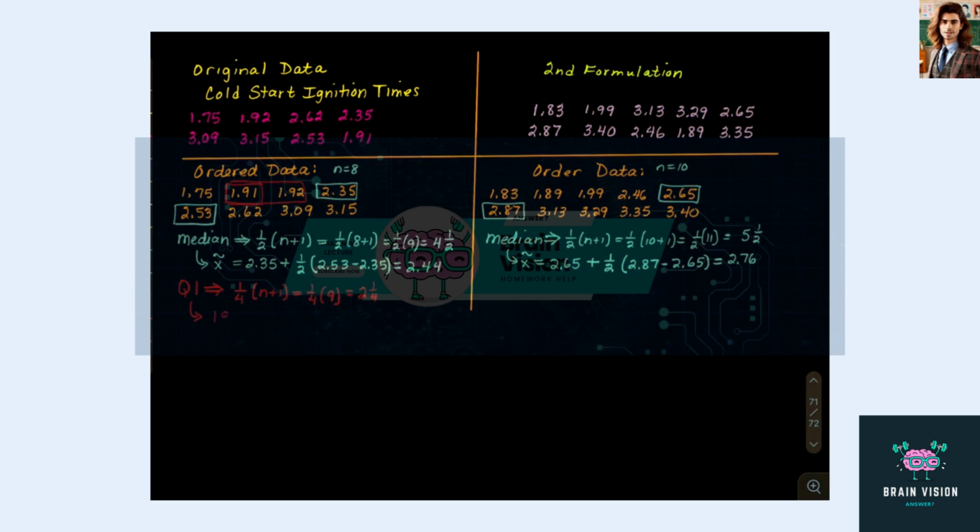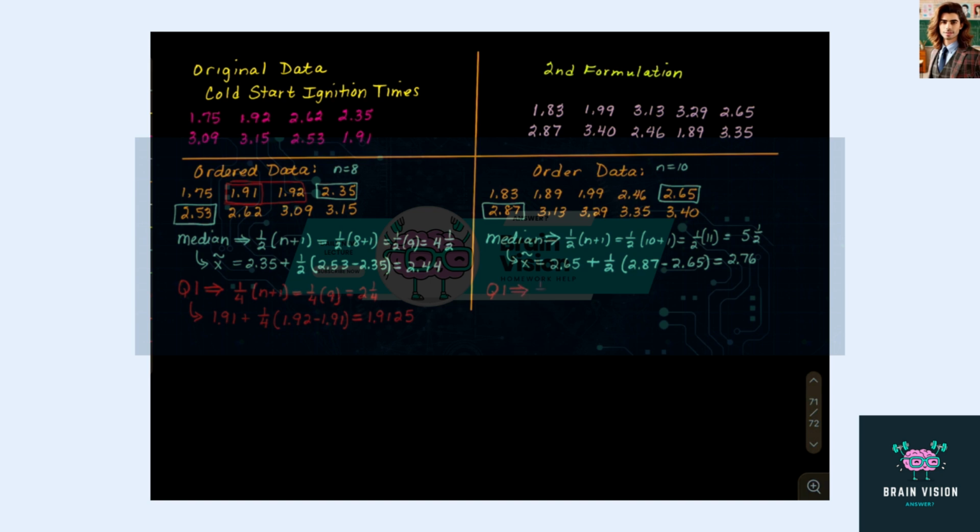So the second piece of data is 1.91, and we'll calculate 1/4 of the difference between the third and the second. So we get a Q1 value of 1.9125.